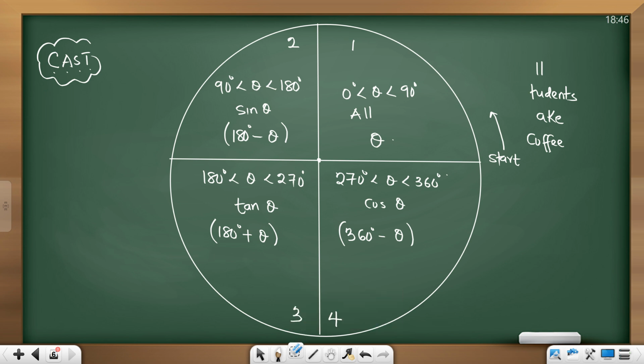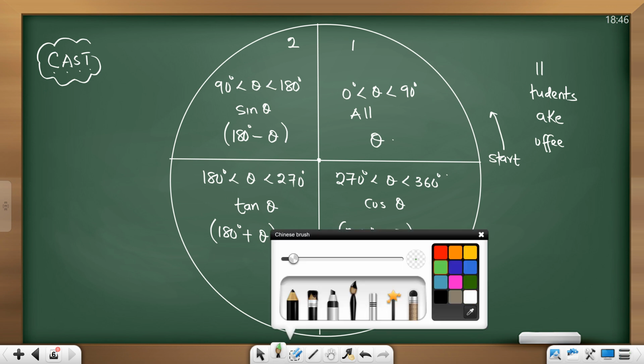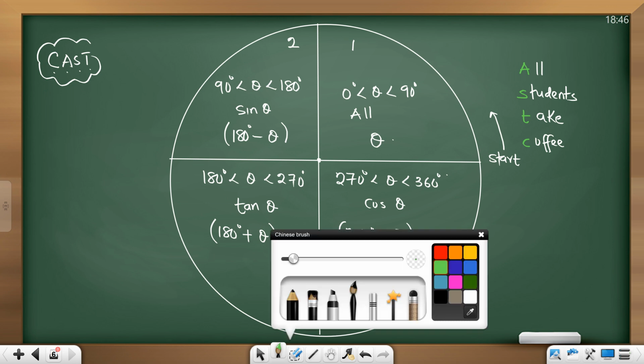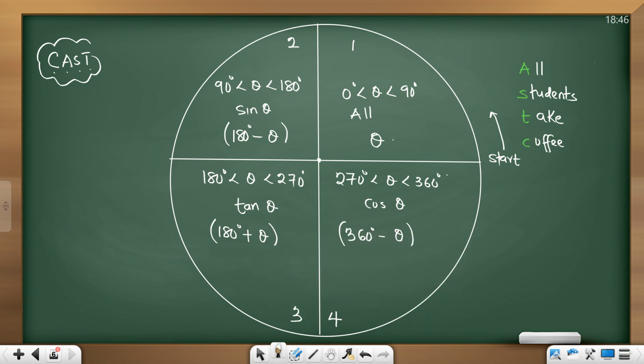With that, you are seeing the one that is positive in each quadrant. In the first, all of them are positive. Sine is positive, tan is positive, and cos is positive in the respective quadrants.